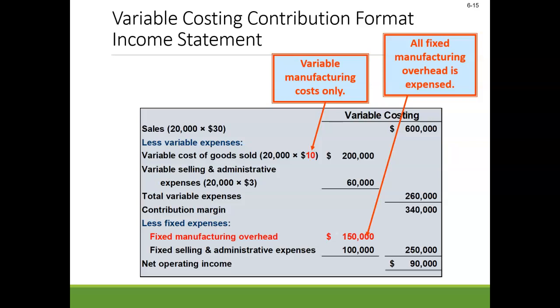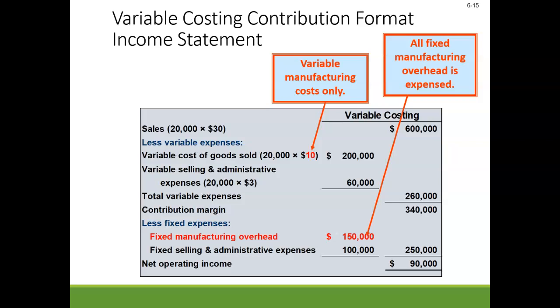Our variable cost of goods sold at the $10, because that's what we came up with earlier, is our $200,000. Our variable selling and admin is the $60,000. Now we're putting that in our variable expenses to get to our contribution margin, but it's not part of our product cost.